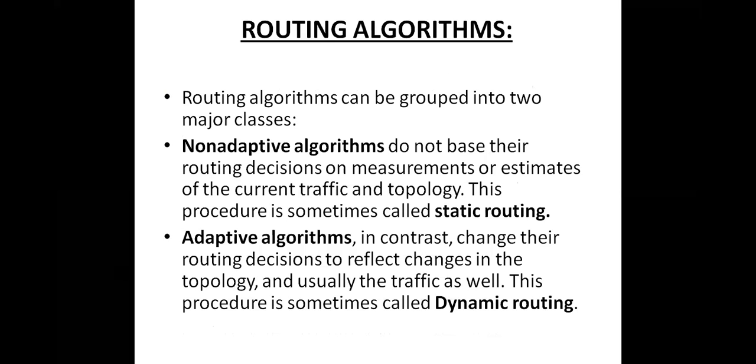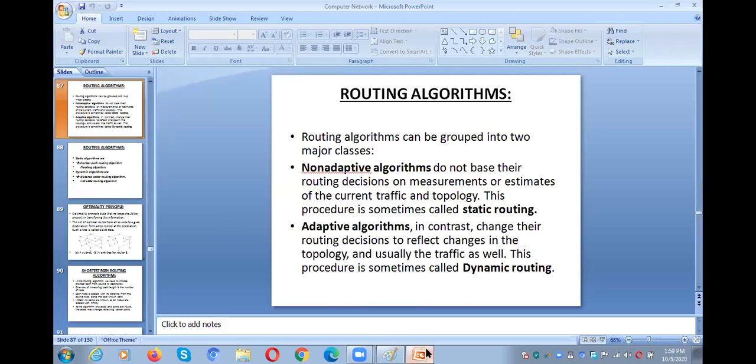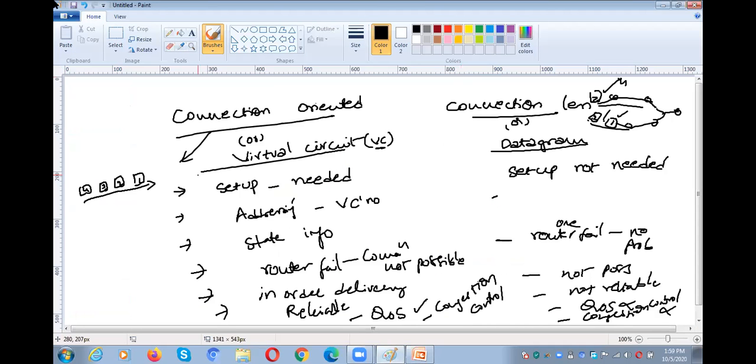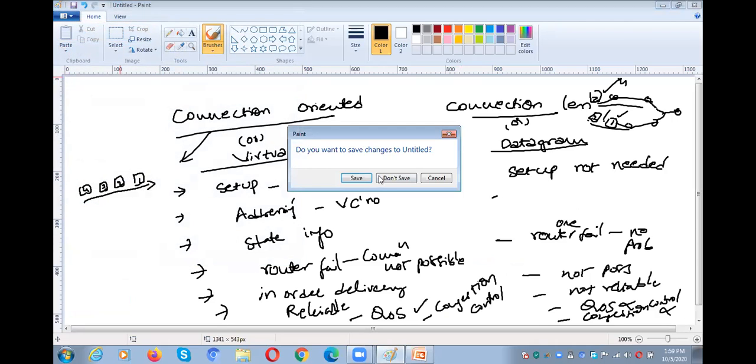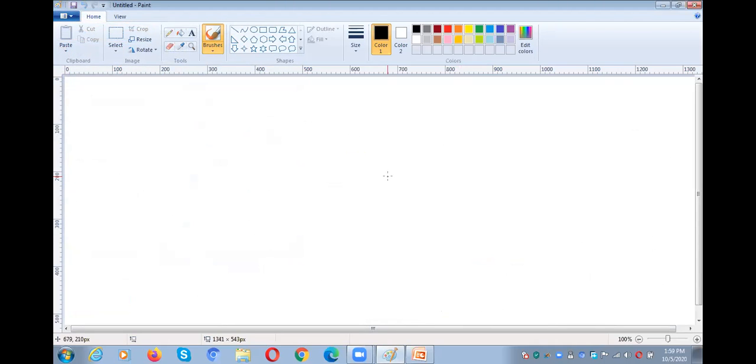And next, coming to routing algorithms. There are two categories of routing algorithms. One is the non-adaptive algorithm and the second one is the adaptive algorithm. What is the difference between non-adaptive and adaptive?